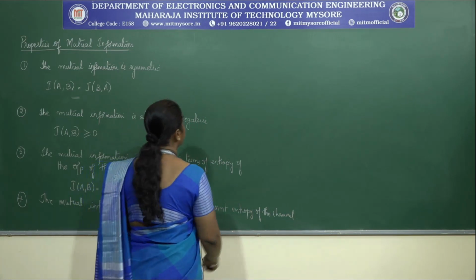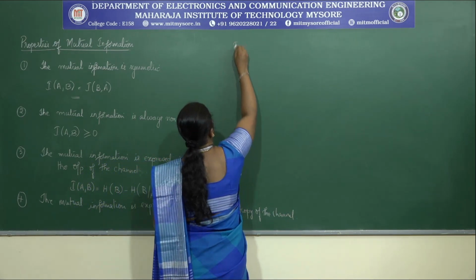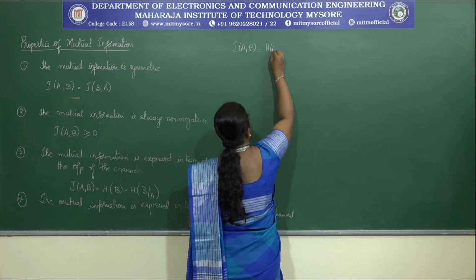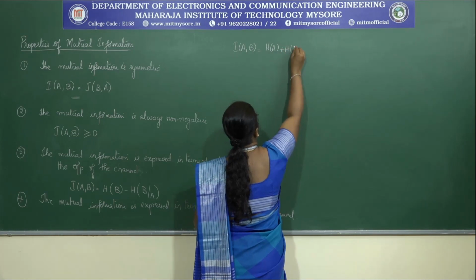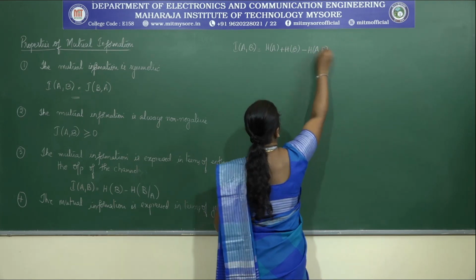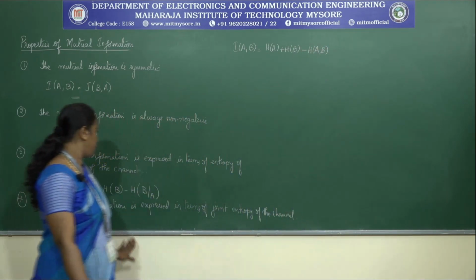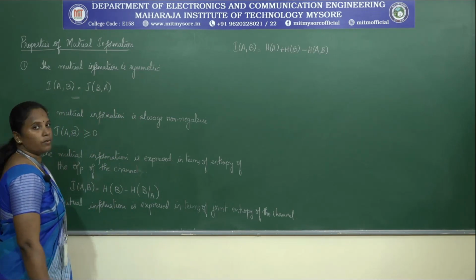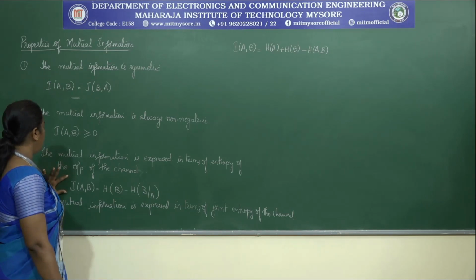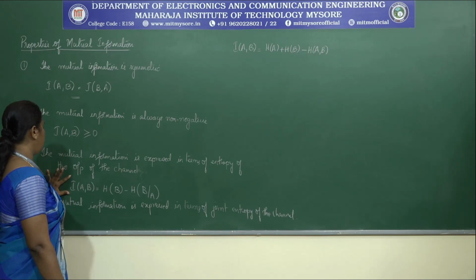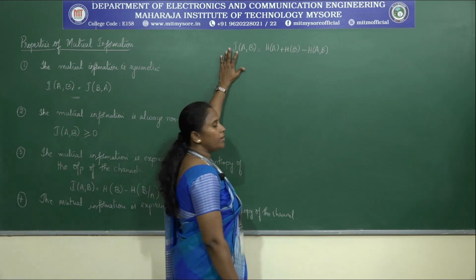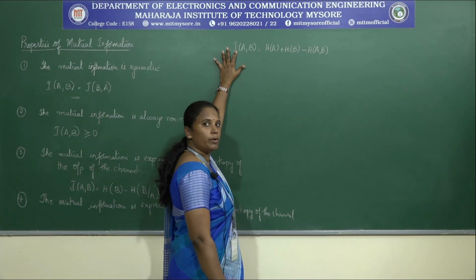That is, I of A comma B is equal to H of A plus H of B minus H of A comma B. So this is the meaning of the fourth property. These are the four properties we have. We have proved one particular equation, and you can prove the other two equations later as homework problems.